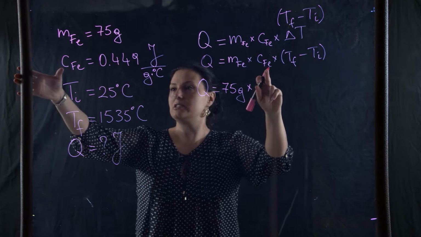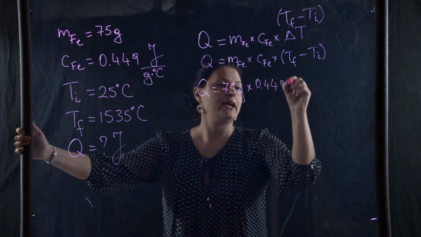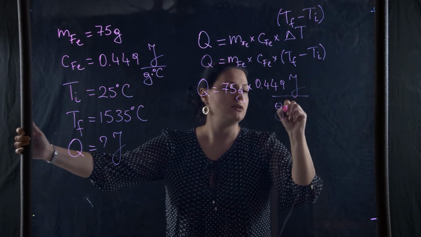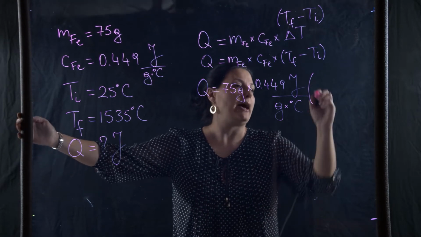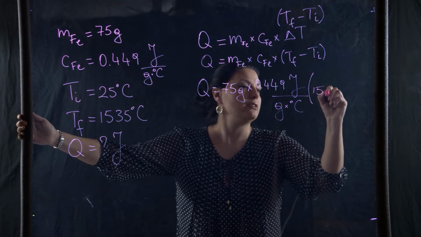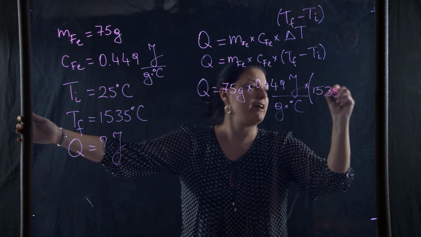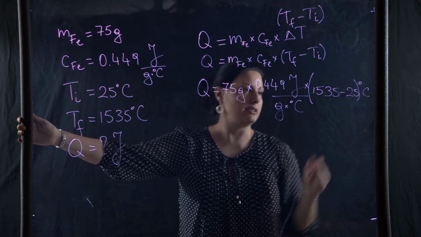Multiplied by the specific heat, which is 0.449 joules over grams times degrees Celsius. Multiplied by 1535 minus 25 degrees Celsius.